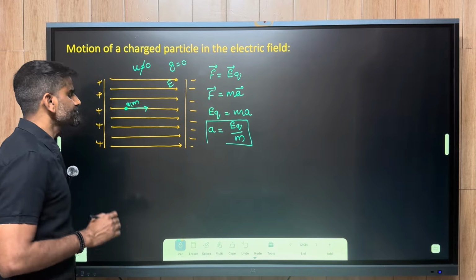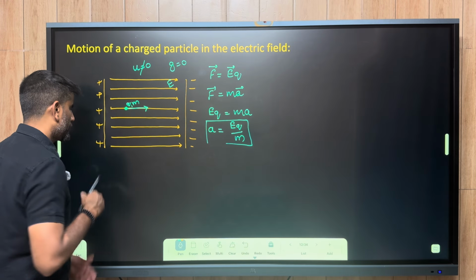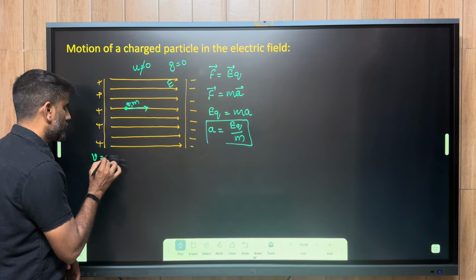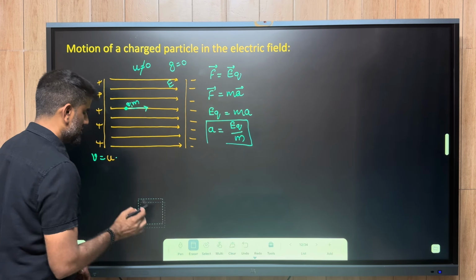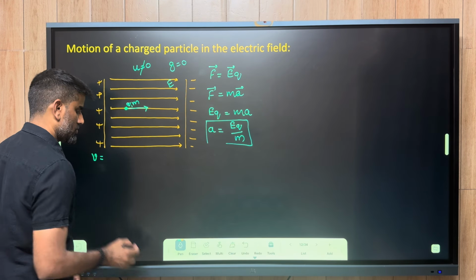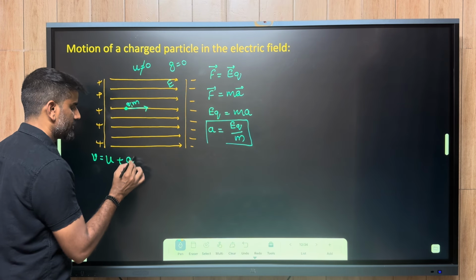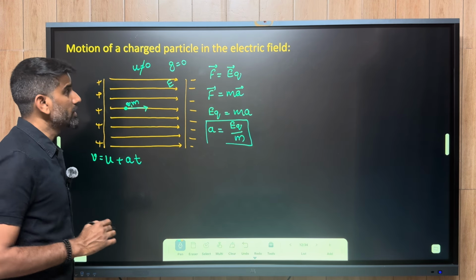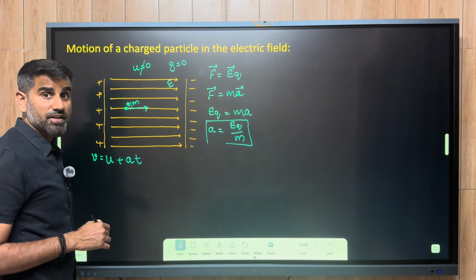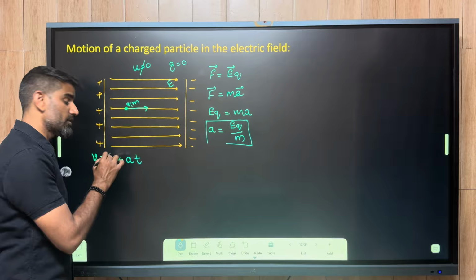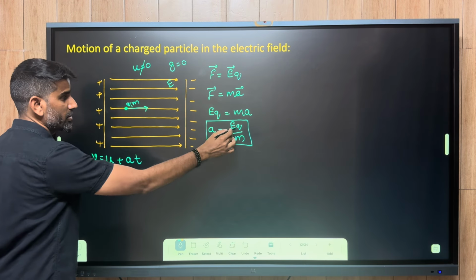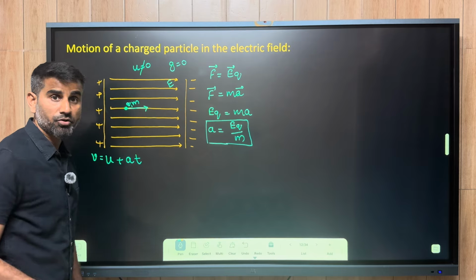Right. Now as I know, v is equal to u plus at. u is not equal to 0 in this case, so I'm not going to take this one as 0. a is Eq by m, which we already know.